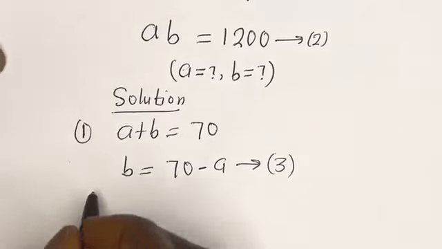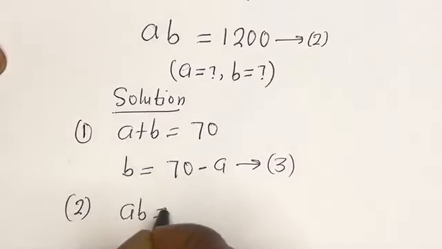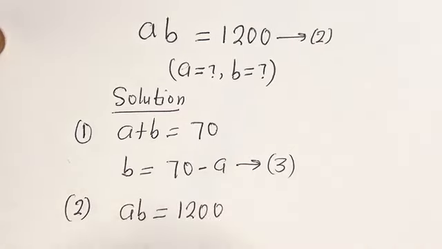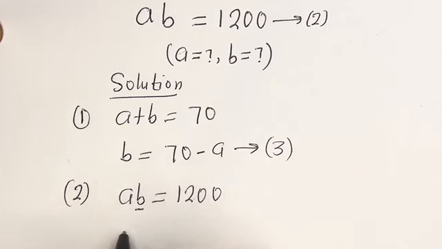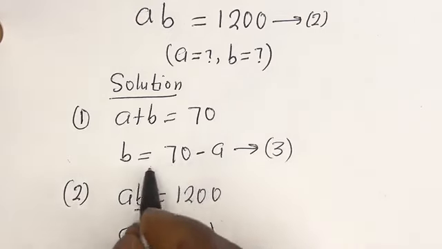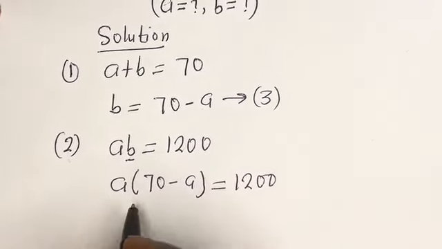Also, from equation 2, AB is equal to 1200. Let us substitute for B. A bracket 70 minus A, which is B, is equal to 1200. Let's open the bracket.